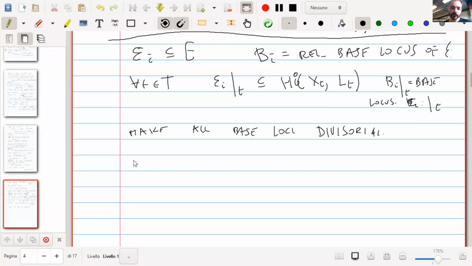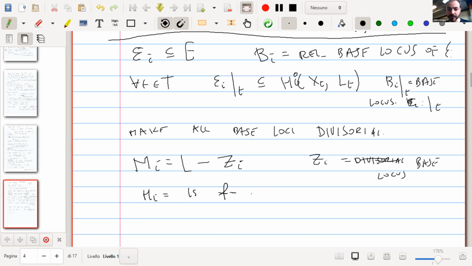And now in this new model, we define M_i to be L minus Z_i. Z_i is the divisorial base locus. I change the notation from B_i to Z_i because now the base locus is divisorial. And this M_i is globally generated, just because I have removed the base locus.